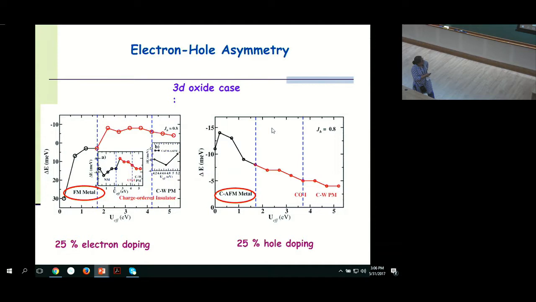So essentially, we have a different phase. We have a strong asymmetry on doping in the case of the 3D oxide, which is not present in the case of the 5D oxide, and this is determined by the character of the hole state.